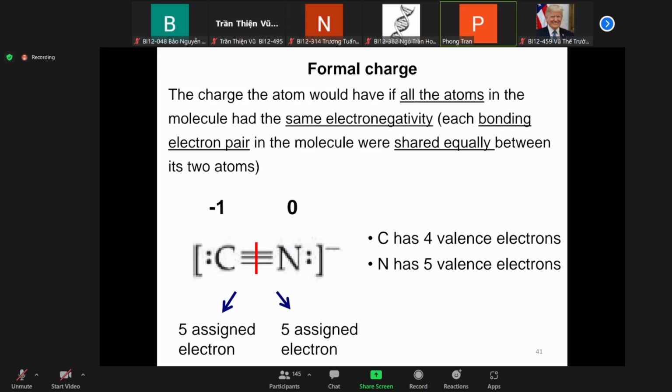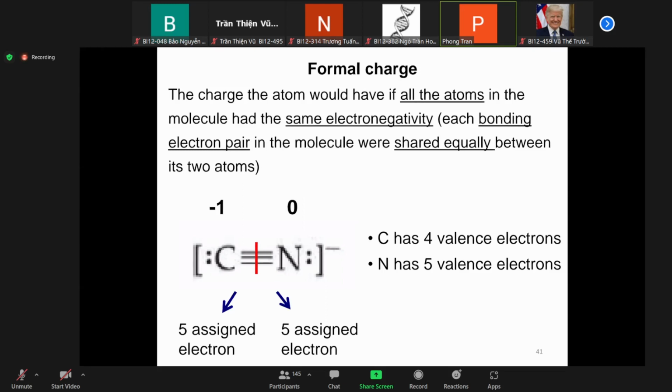Let's say you pick the structure you see here, the carbon-nitrogen triple bond, okay? You know very well that nitrogen has a higher electronegativity compared with carbon.